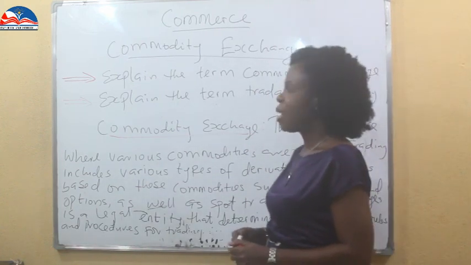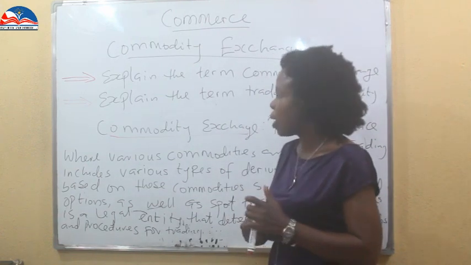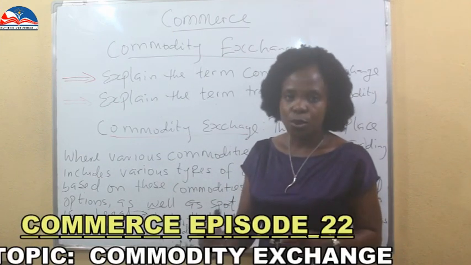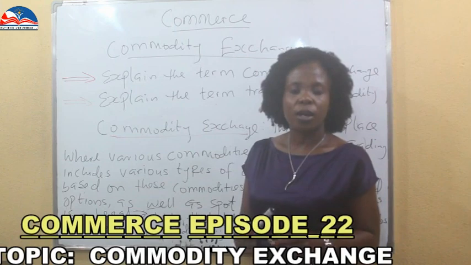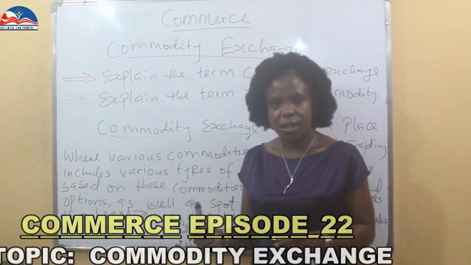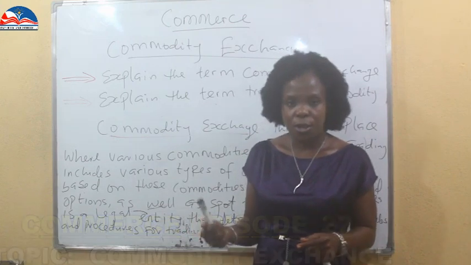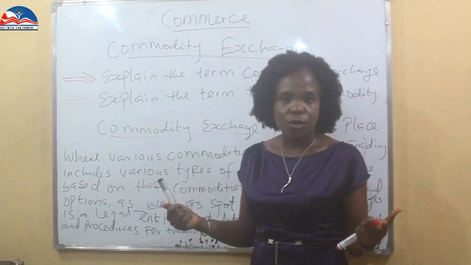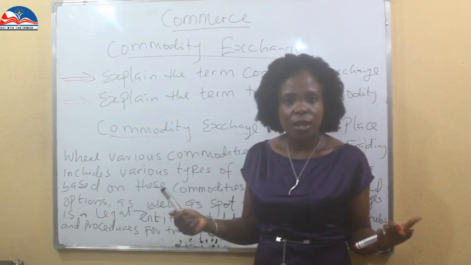Now we're going to our next objective, which is to explain the term tradable commodity. We have seen that exchanges give the rules, they give the procedures, they tell what to trade on their exchange, the derivatives that can be traded. Is it metal? Is it crude? Is it wood? Is it agriculture? Is it bronze? Is it silver?